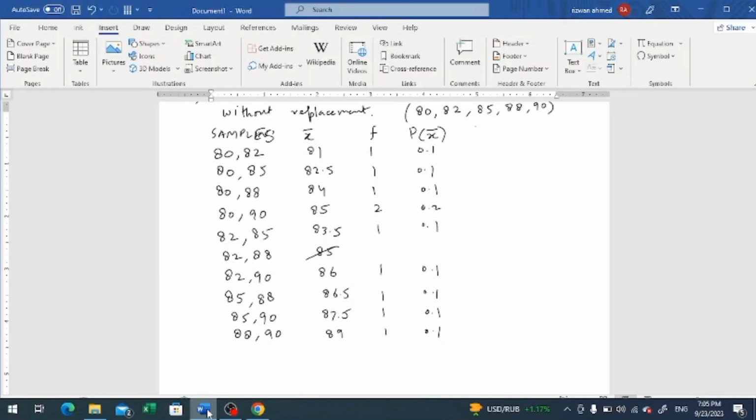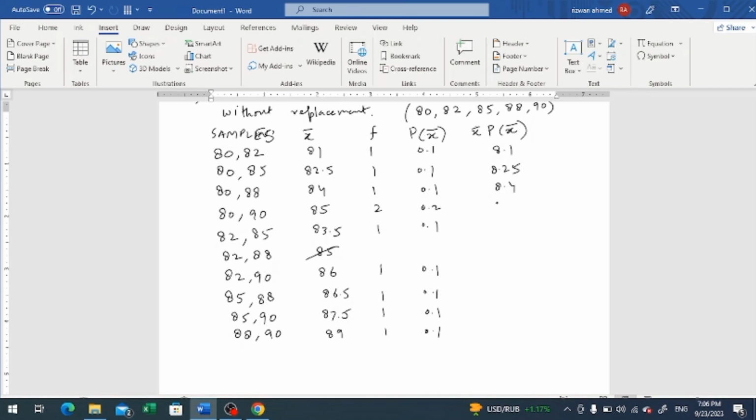Now, continuing with the working, we need to take the product of each value of x bar with its associated frequency. Multiplying each value of x bar with its associated probability, the very first value would be 8.1, 8.25, 8.4.